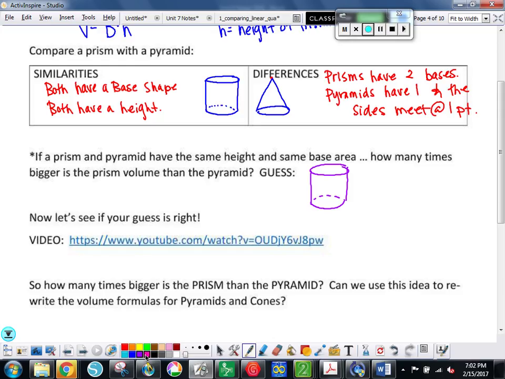If I have a prism and I were to stick a cone inside that had the same base and the same height, so pretend like that was my cone, how many times bigger do you think the volume of the prism is compared to the cone or the pyramid? So I want you to guess right here. How many times bigger do you think one is than the other?